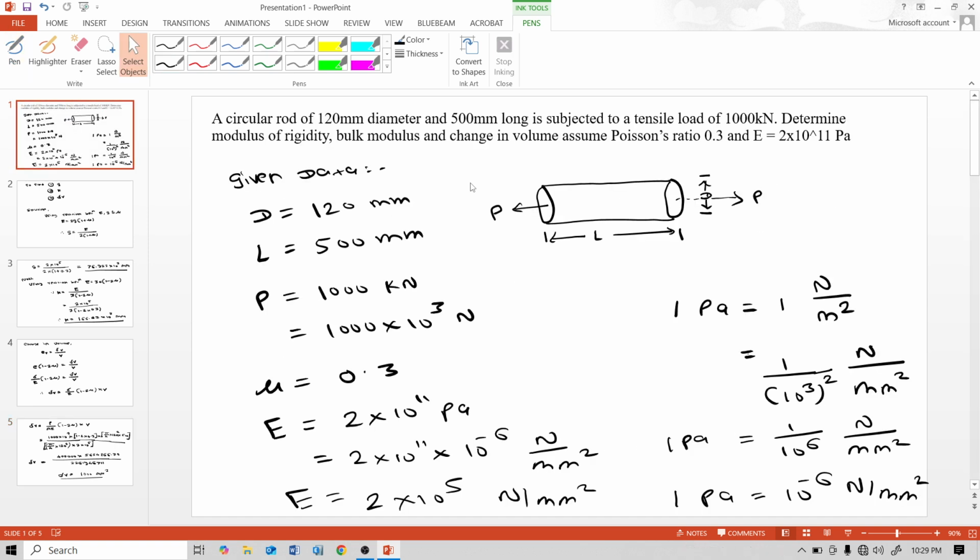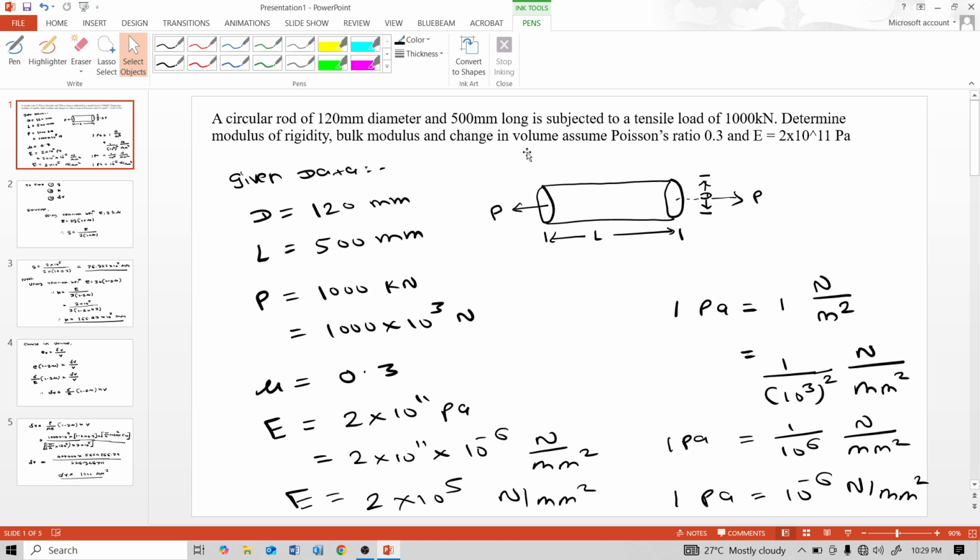See, a circular rod of 120 mm diameter and 500 mm long is subjected to a tensile load of 1000 kN. Determine modulus of rigidity G, bulk modulus K, and change in volume delta V, and assume Poisson's ratio mu is 0.3 and Young's modulus is 2 into 10 raised to 11 Pascal. We first understand this numerical.